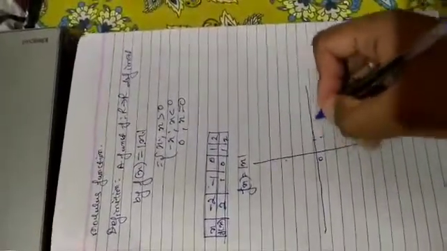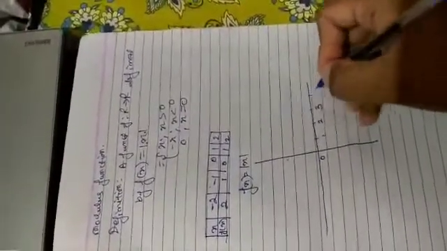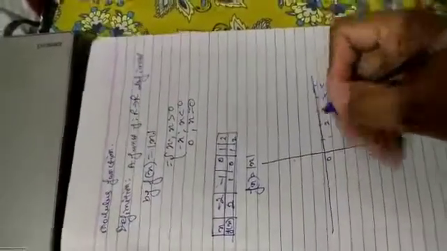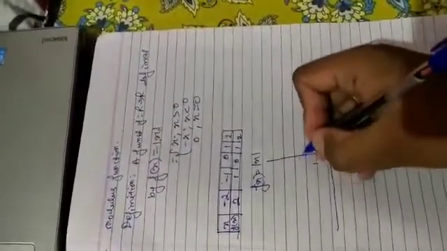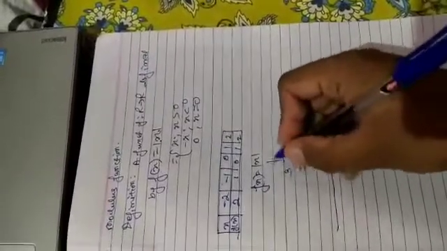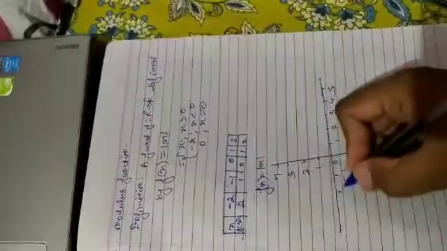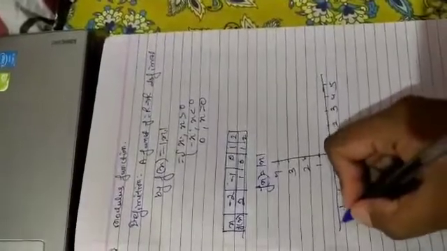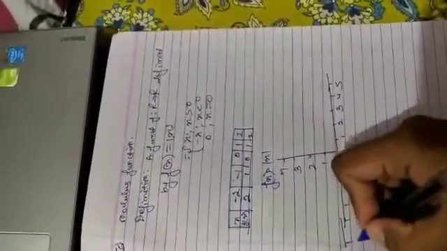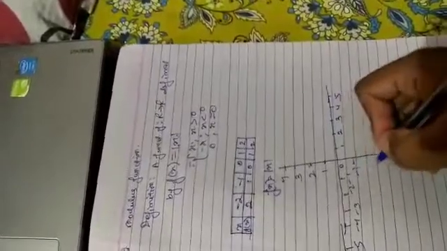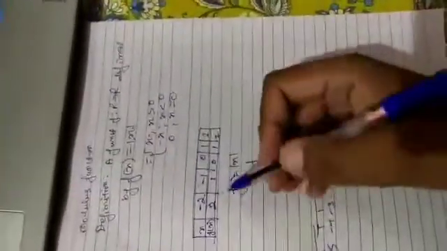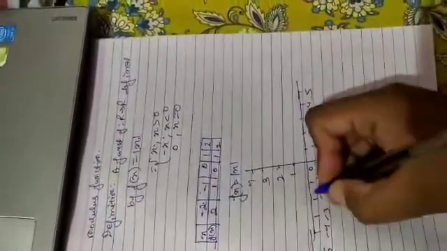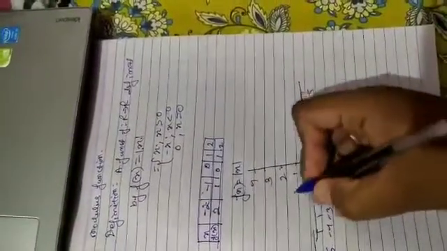So make a graph. This is 0, 1, 2, 3, 4, 5, 1, 2, 3, 4. Here also -1, -2, -3, -4 and -5. Okay, now see, there is -2 here, and f(x) will give you 2.